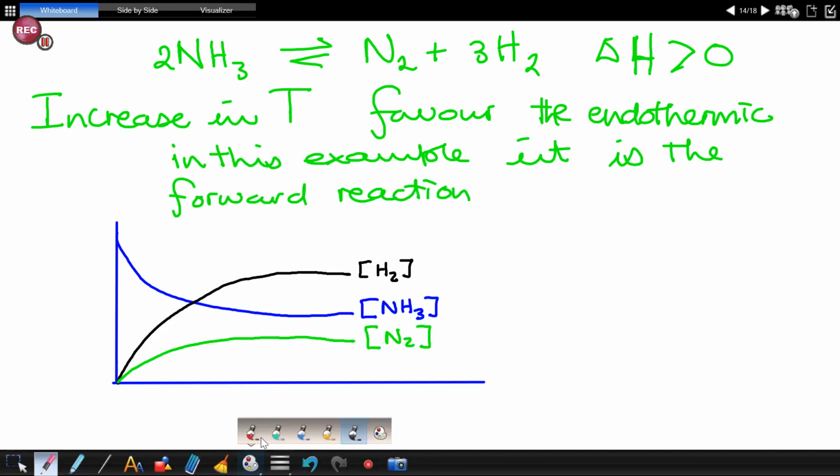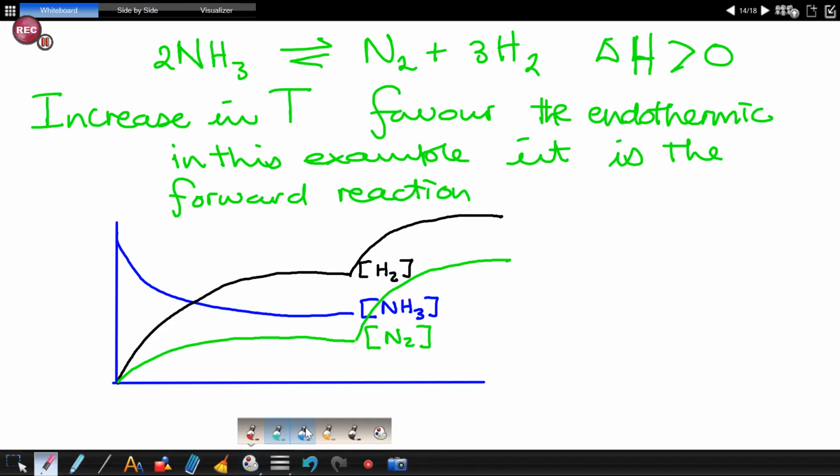So what is going to happen to the concentration of the hydrogen? It will gradually increase. What will happen to the concentration of the nitrogen? It will gradually increase to re-establish equilibrium.